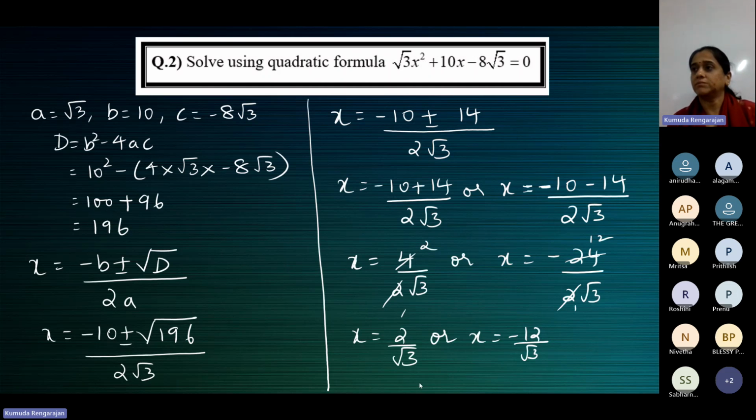Rationalize the denominator. So we have 2 root 3 by 3 or minus 4 root 3. After, please rationalize the denominator.